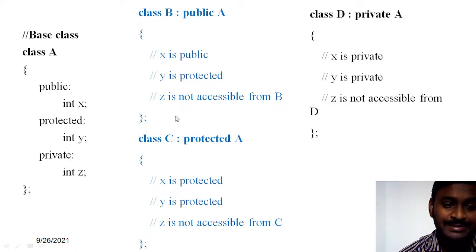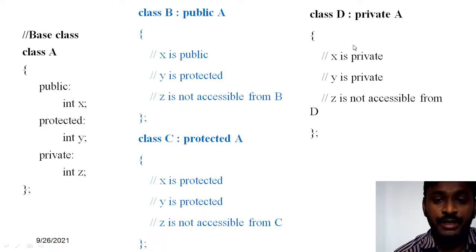Now come to class C. Class C protectedly derives class A, so all the public and protected data members of base class A are protected for class C, and the private data members are not accessible to class C.